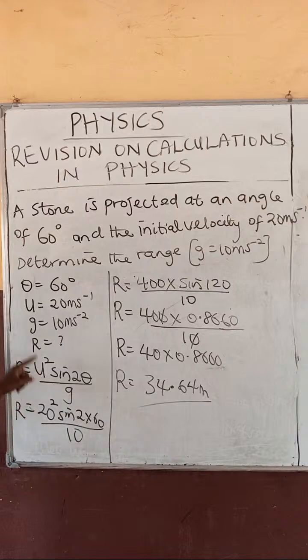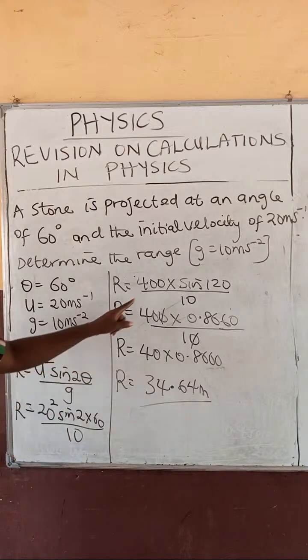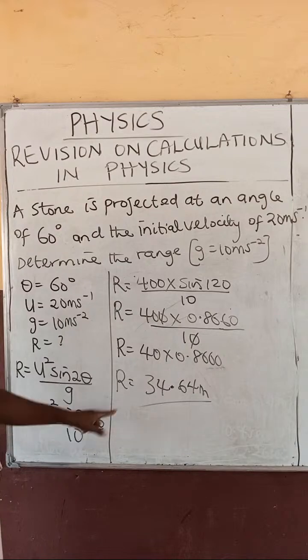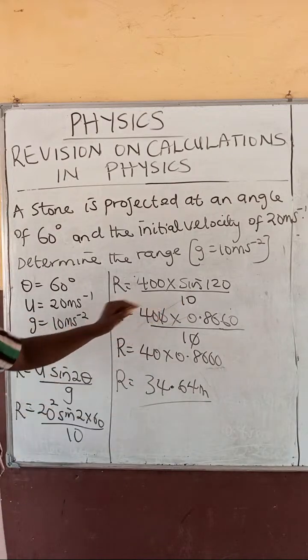What is my U? My U is 20, that is 20 squared sine 2 times 60, because my angle is 60, divided by 10. Okay, so when you square 20, you're going to get 400 times 2 times 60, which is 120, divided by 10.